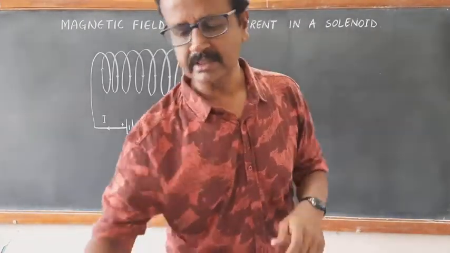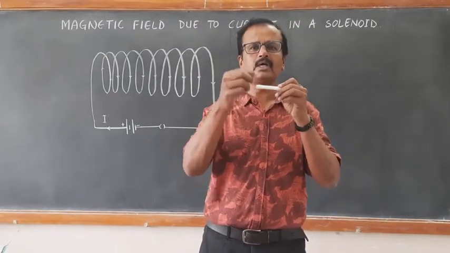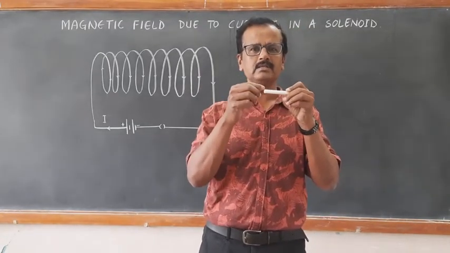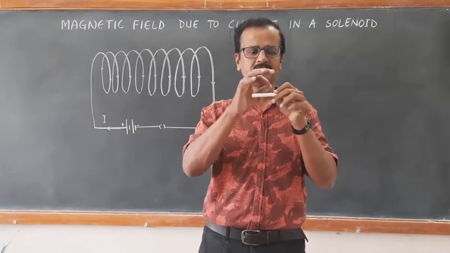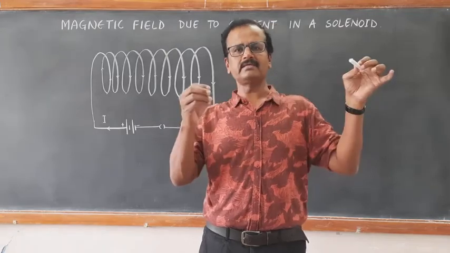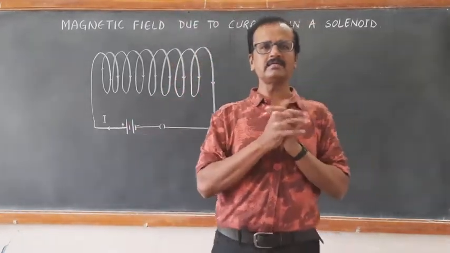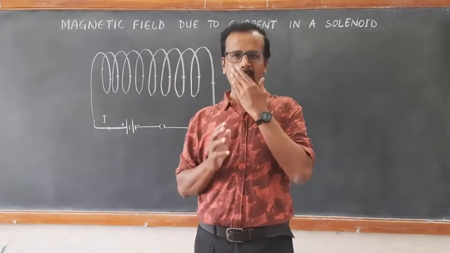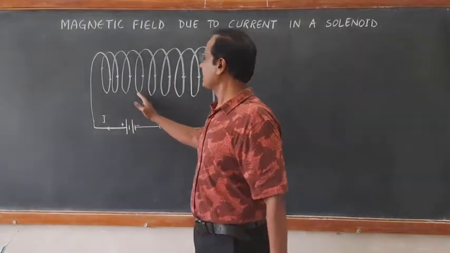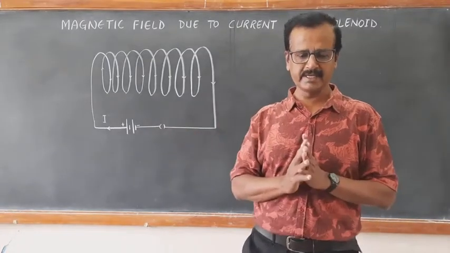On that iron cylinder, you go on winding the insulated copper wire very close to each other. Each winding must be very close to each other. If you take out that iron rod, then it is called a solenoid. Now, what happens when a current is passed through such a solenoid? I think you understood the meaning of solenoid.